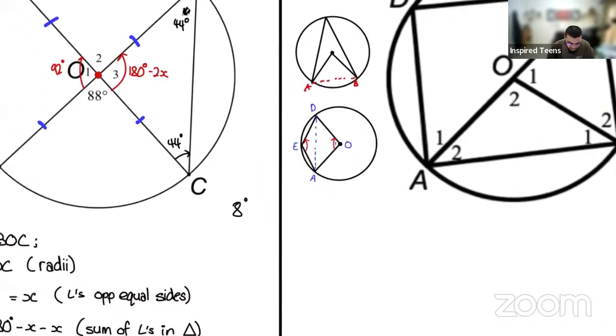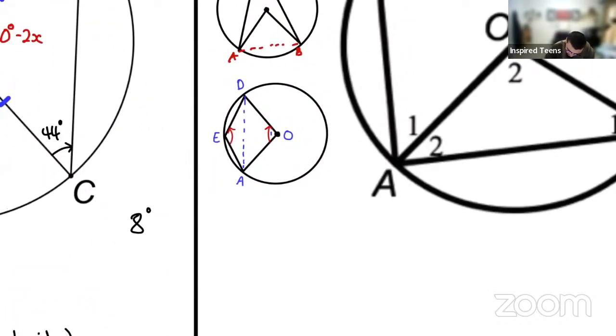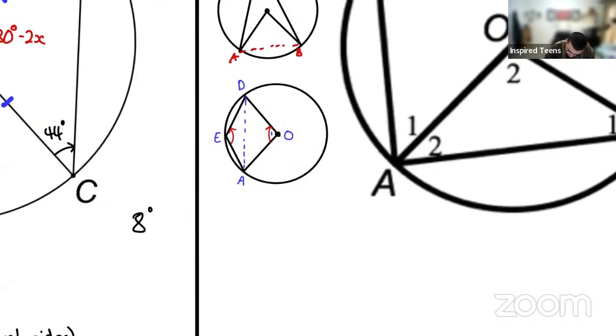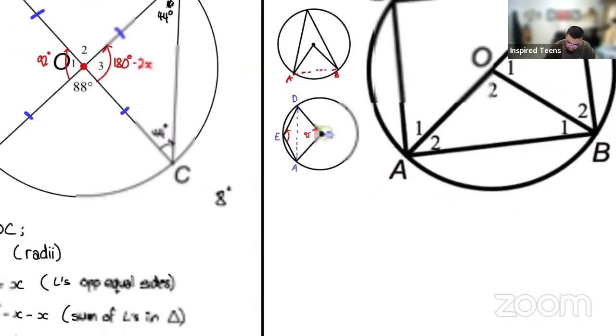So we have O1 as 92. Okay, so the reflex angle, and also nothing's going to prevent you from drawing another diagram like this. So don't feel shy, even in the paper, to redraw your diagram roughly just to solve one question.